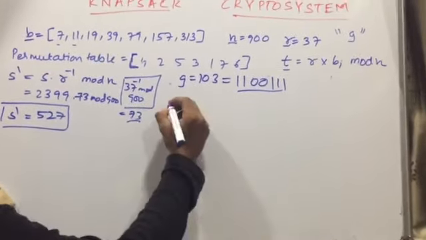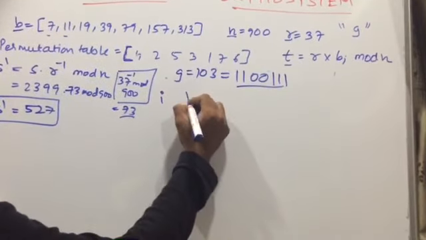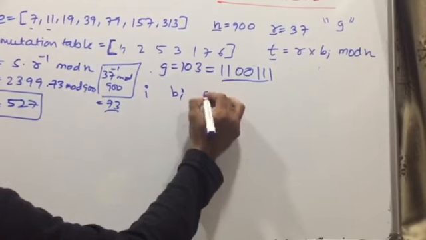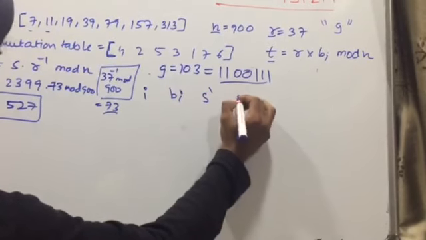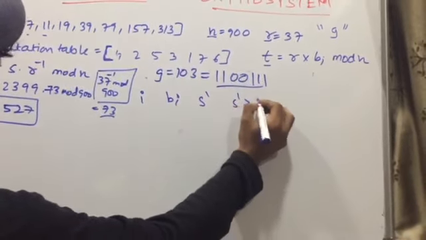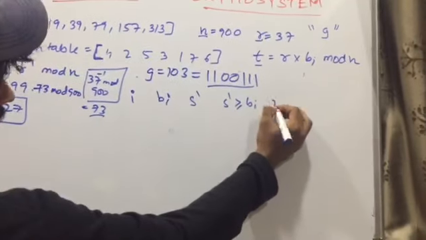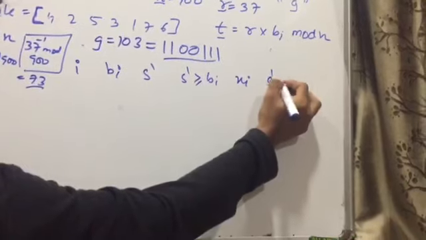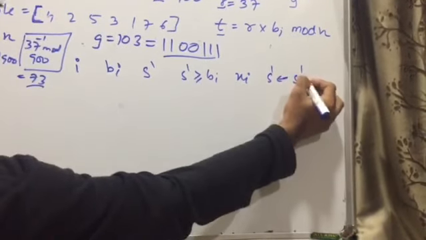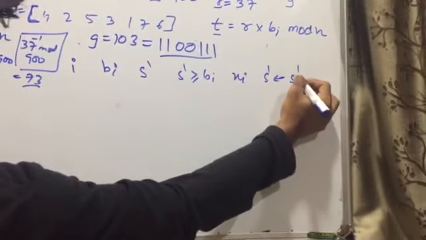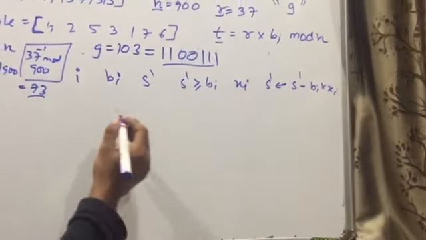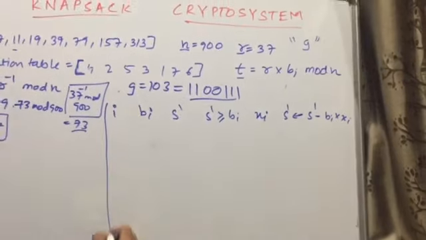You have to write over here I, BI, and over here S dash. S dash should be greater than BI, and XI, and just calculate over here S dash, XI, BI and XI. So this is one table form.